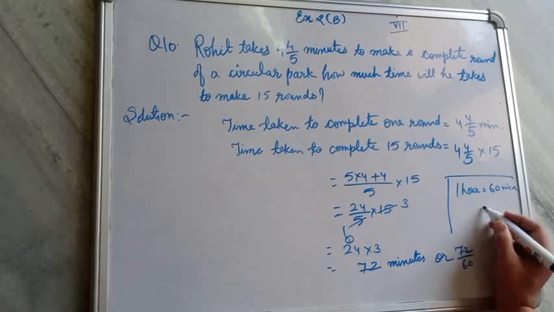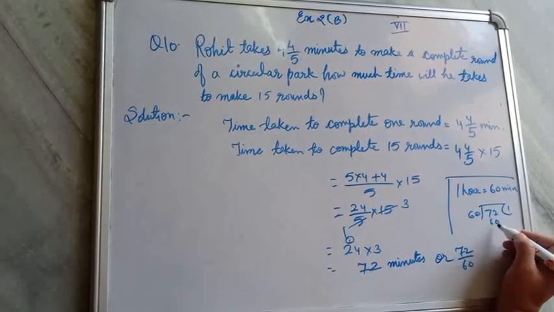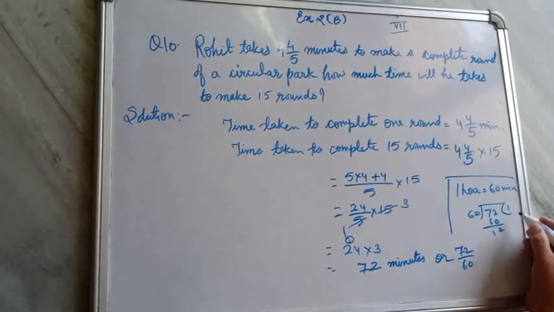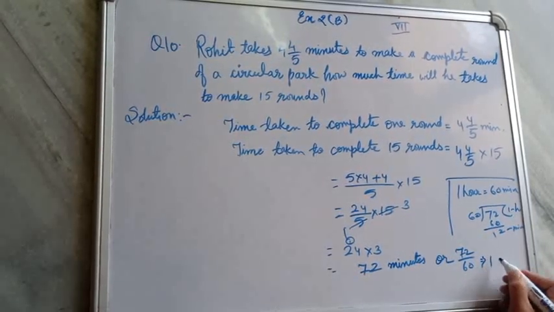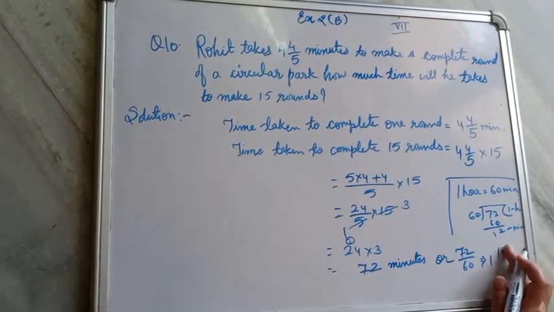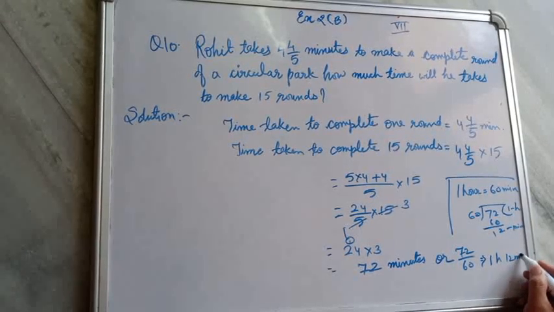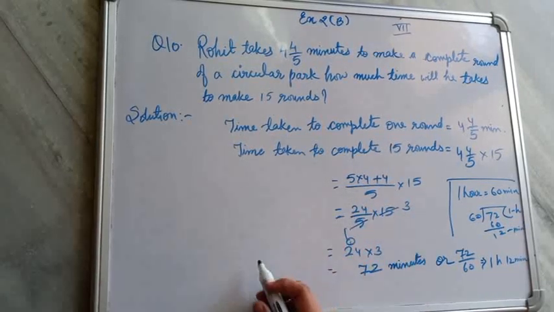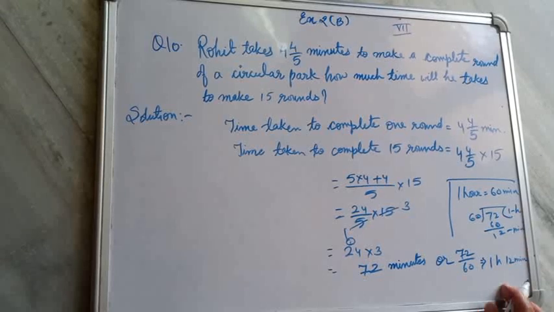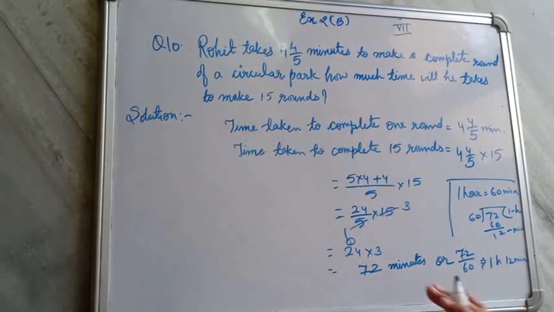When we are dividing 72 by 60, 1 six is 60, 12 left. So 1 hour and 12 minutes. Answer is 1 hour and 12 minutes. So Rohit will take 1 hour and 12 minutes to complete 15 rounds of the circular park.